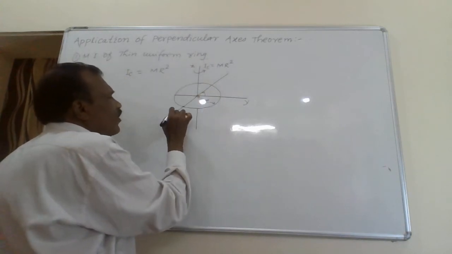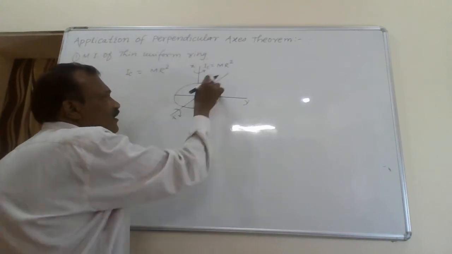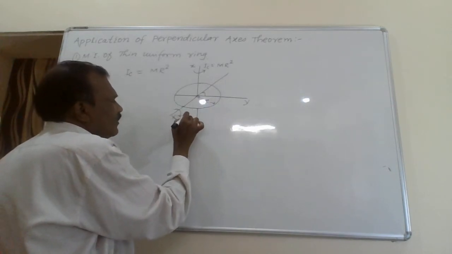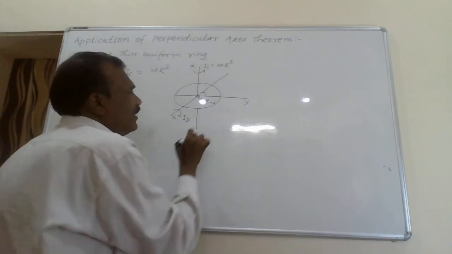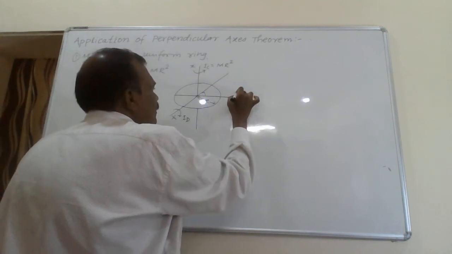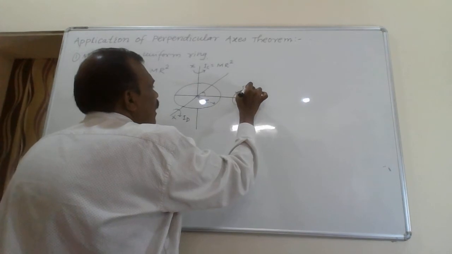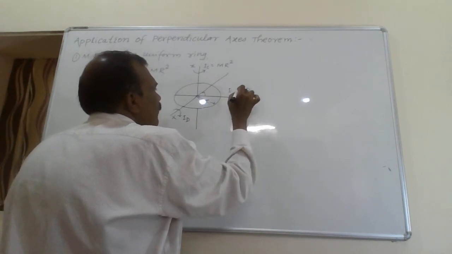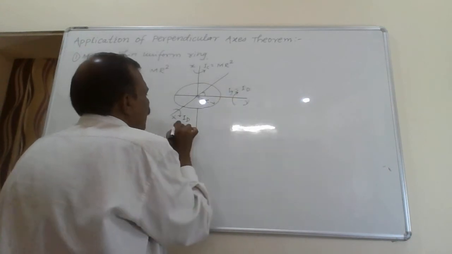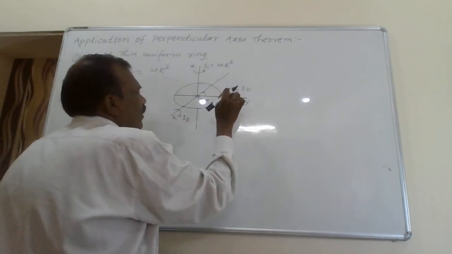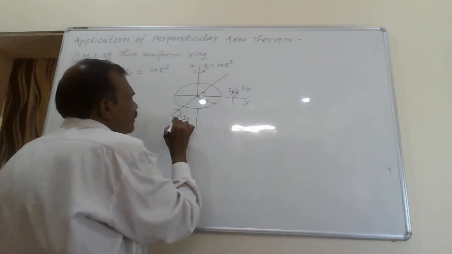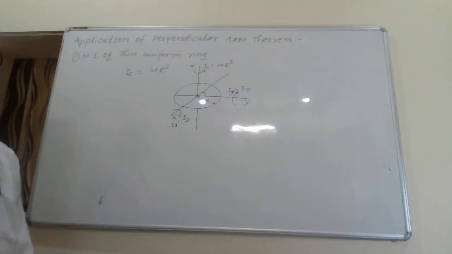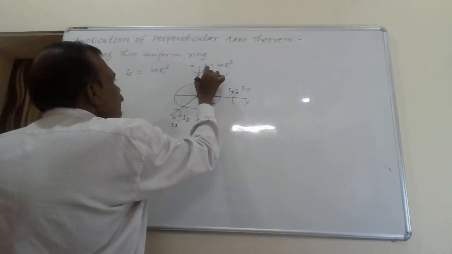The moment of inertia about this axis, which is a diameter, we write as ID. The moment of inertia about the other axis is also ID, both are the same because the ring is symmetrical. So Iy is equal to ID and Ix is also equal to ID, and this is our Iz.